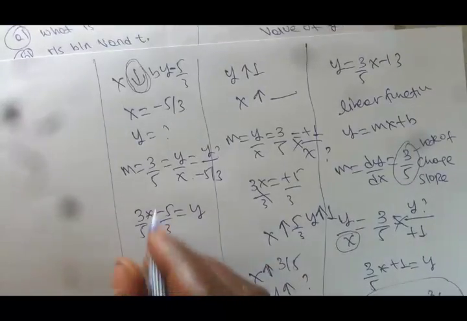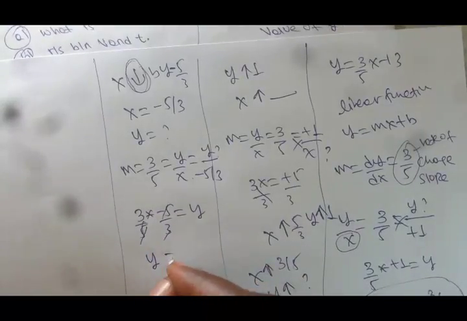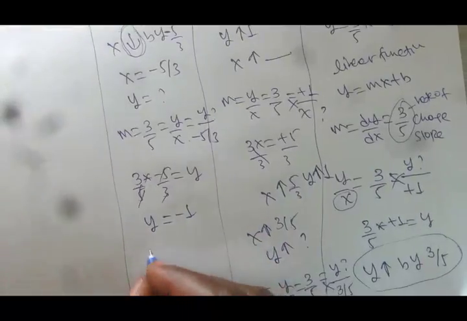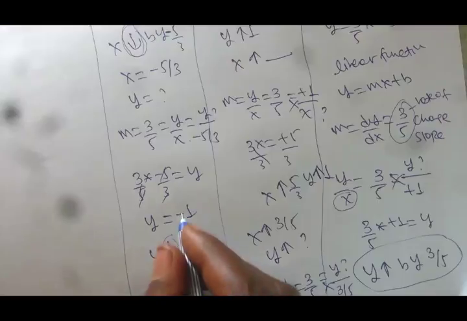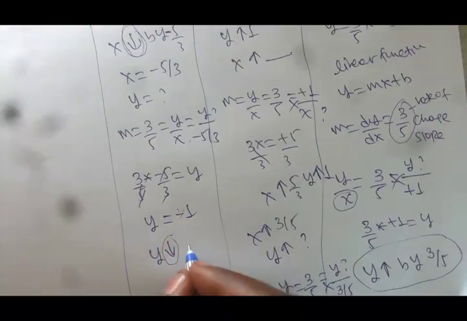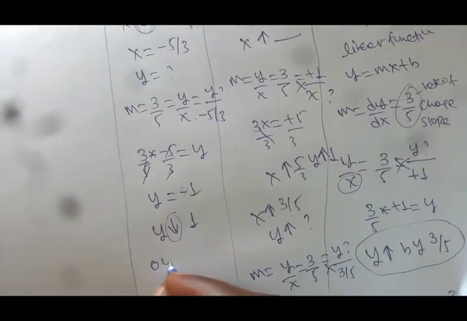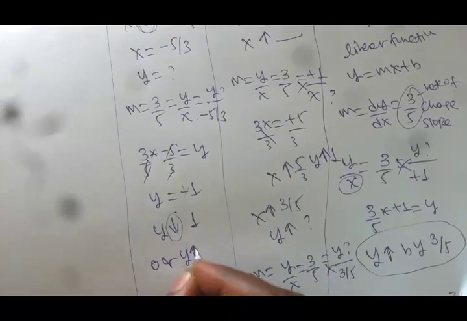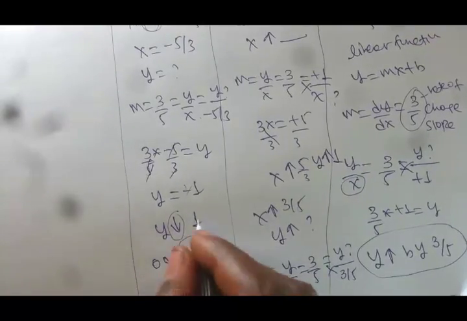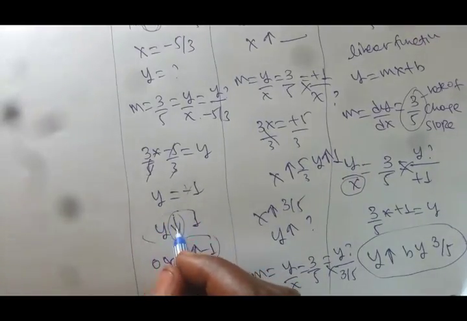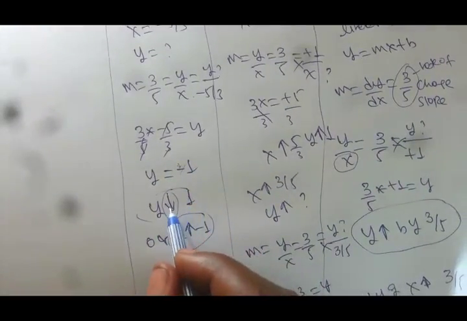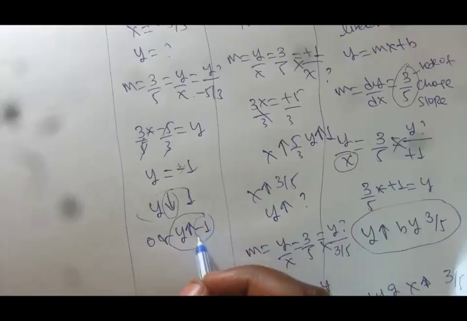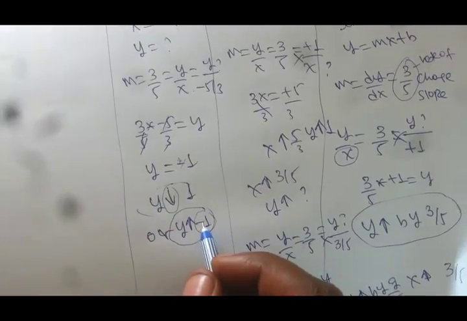Therefore y is equal to minus 1. Therefore y will decrease by 1, or y will increase by minus 1. If we say decreased, we neglect the negative sign, and if we say increased, we have to put the negative sign. We can use either method.